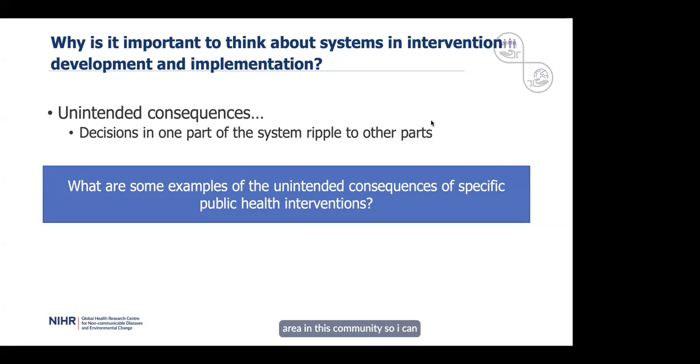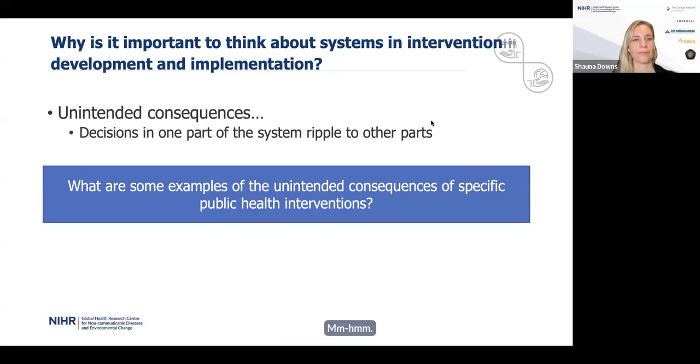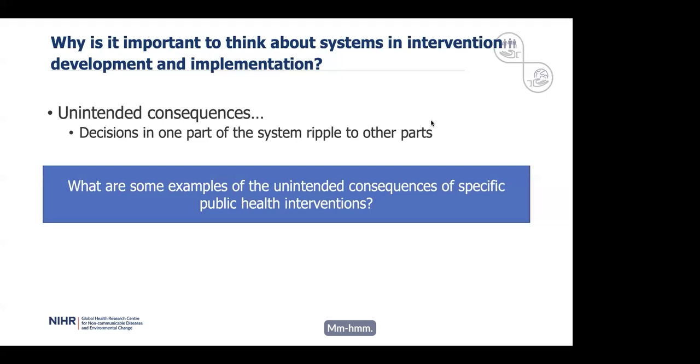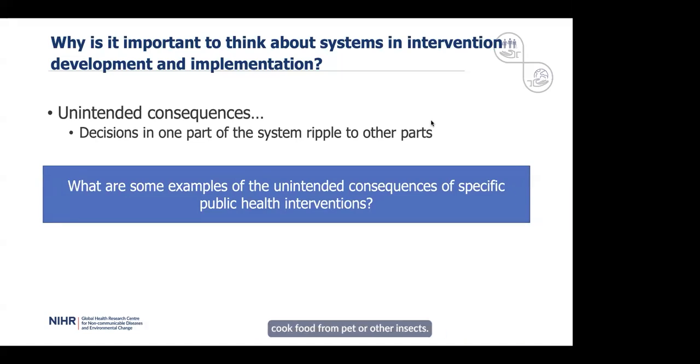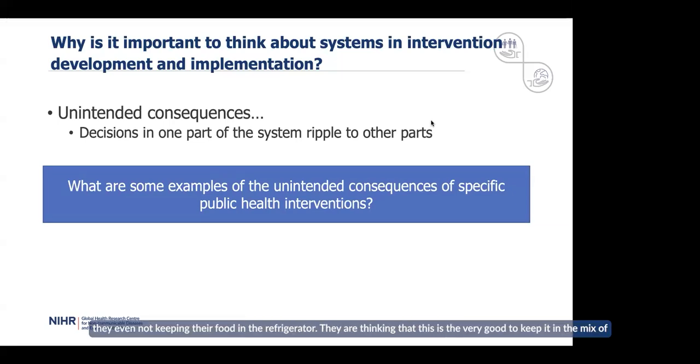I can give one example from my ongoing research. We provided a meat safe, which secures cooked food from pets or other insects in slum areas. In our intervention group, there was some misunderstanding: those who have a refrigerator were not even keeping their food in the refrigerator.